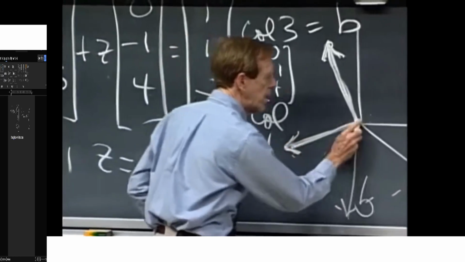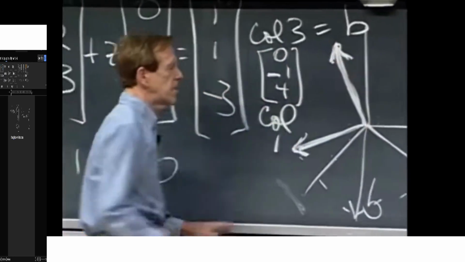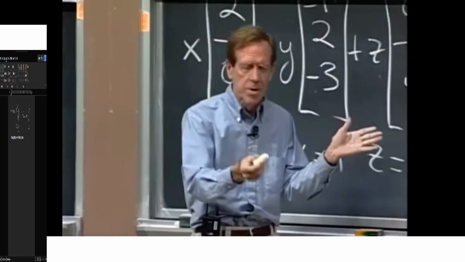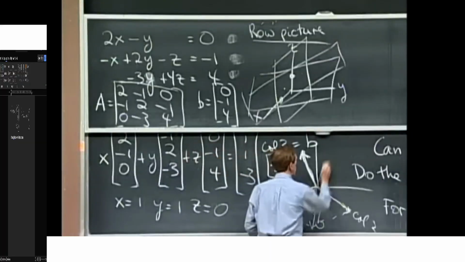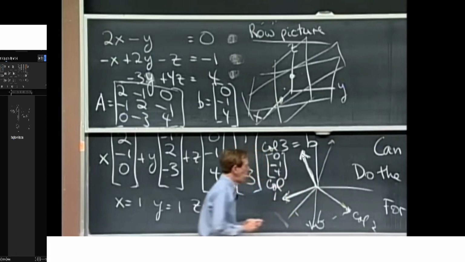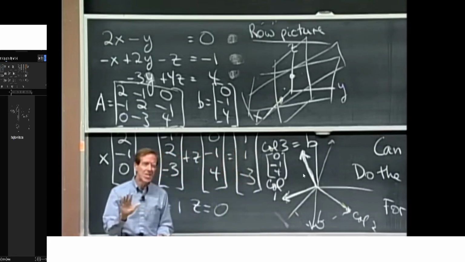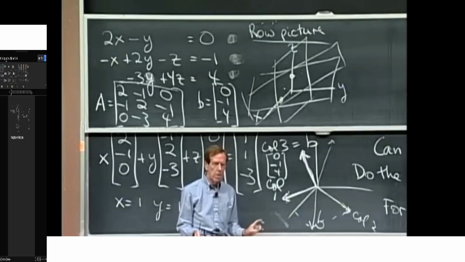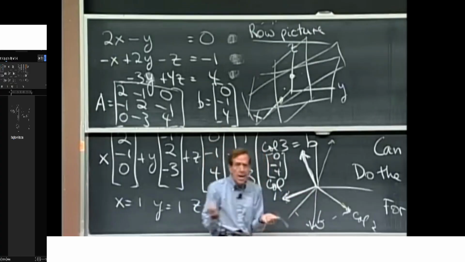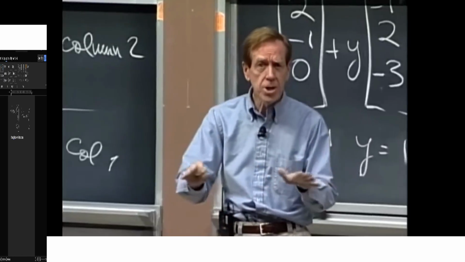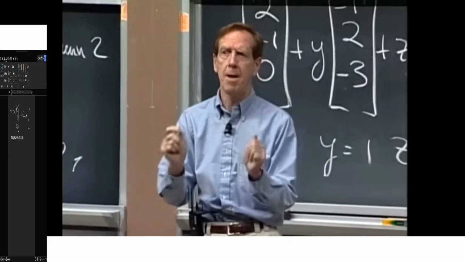When would I not be able to produce some B out of 3 columns and all their combinations? Let me say when it goes wrong. If these 3 columns all lie in the same plane, then their combinations will lie in that same plane.